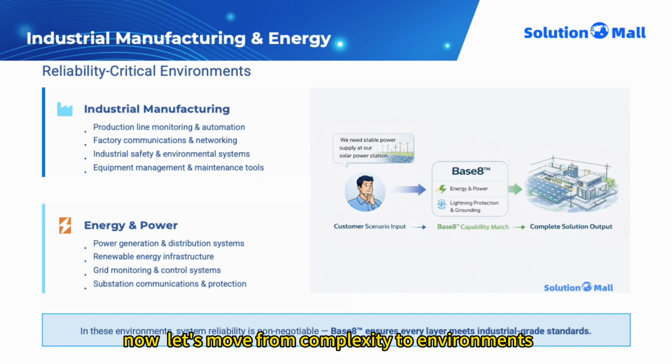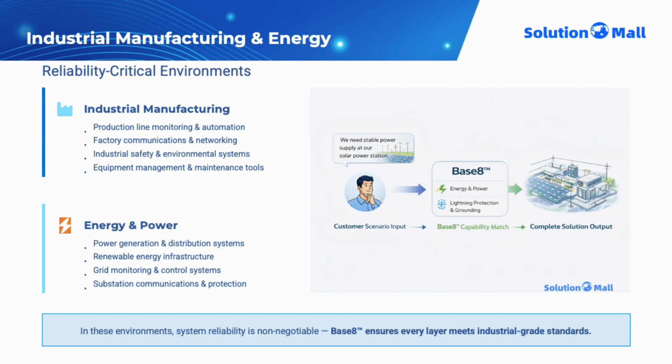Now let's move from complexity to environments where reliability is absolutely critical: industrial manufacturing and energy infrastructure. In a factory, a production line cannot afford downtime caused by infrastructure failure. Every interruption means lost productivity and financial impact. In the energy sector, the requirements are even stricter.